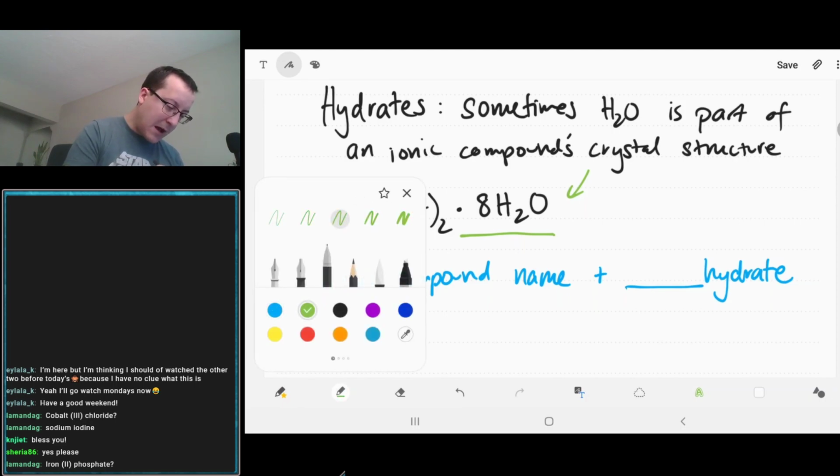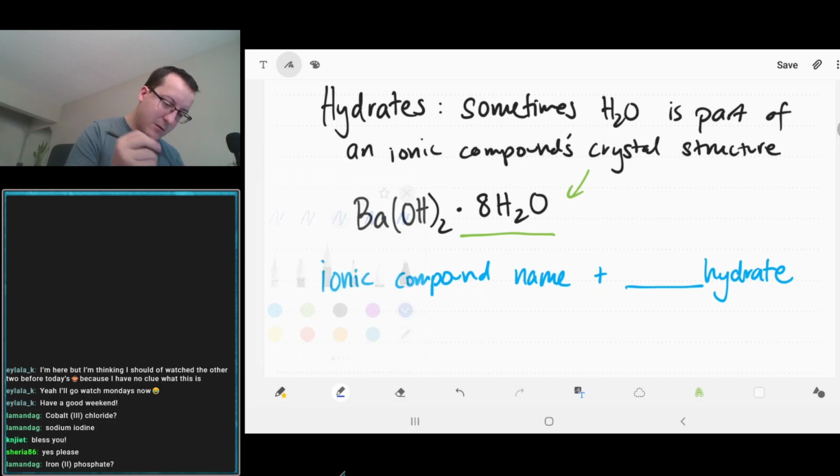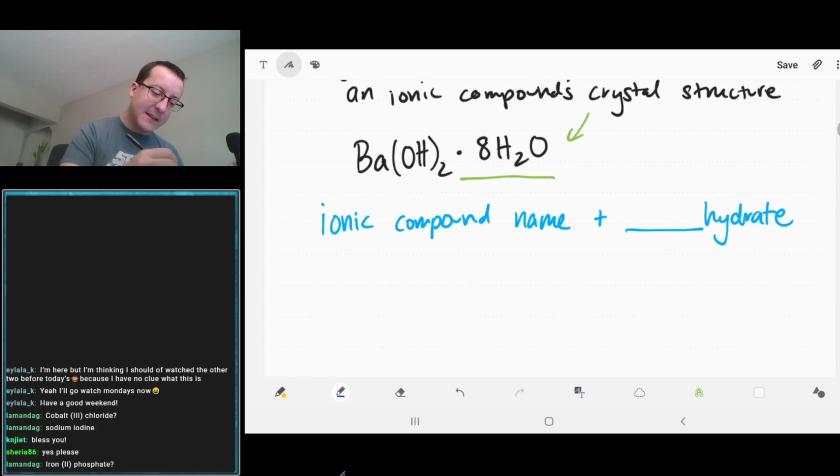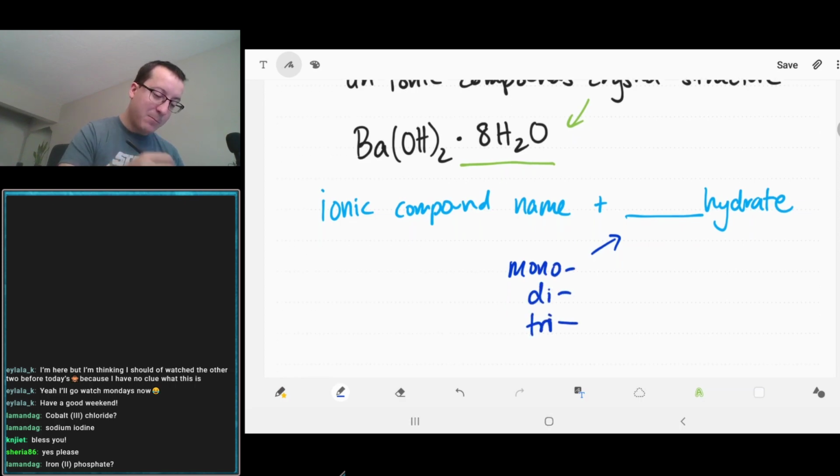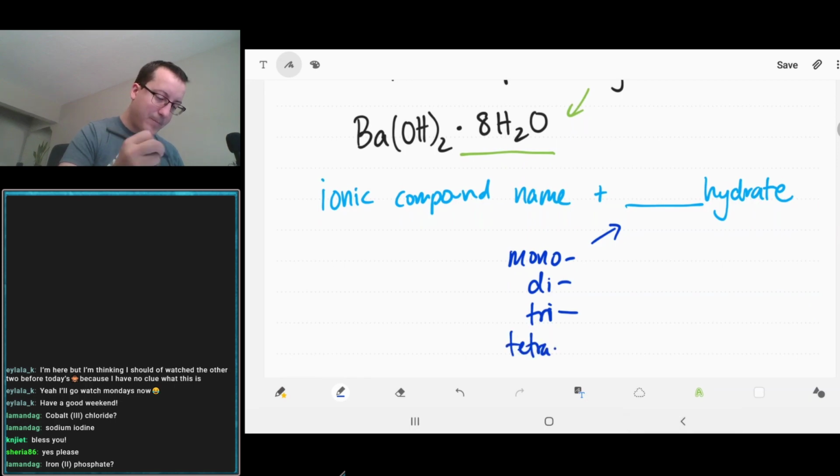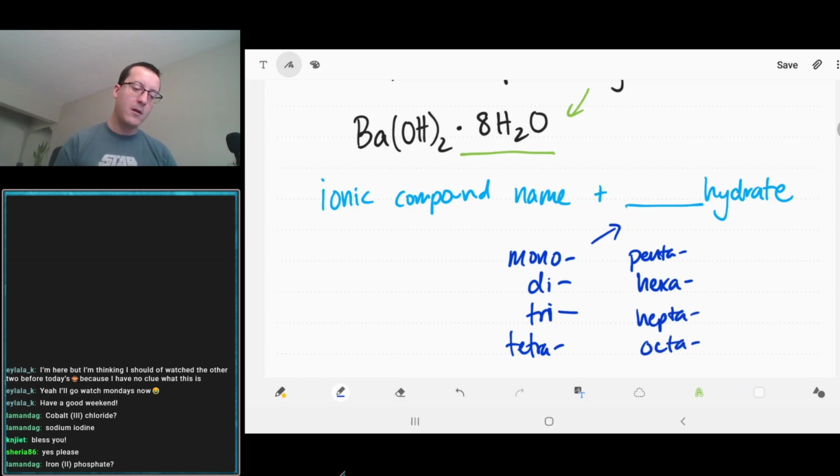Here, in dark blue, the things that could go in this blank would be some prefixes. Hepta and octa, yeah. Here, I'll just go up to 10.